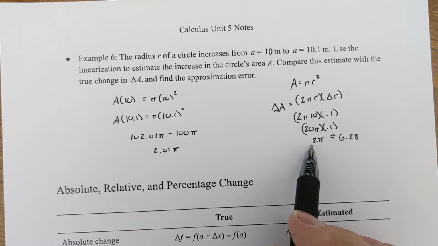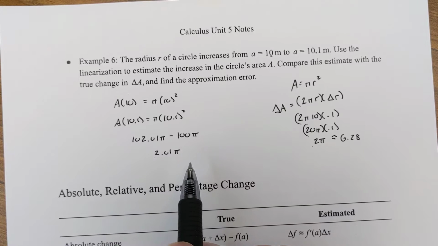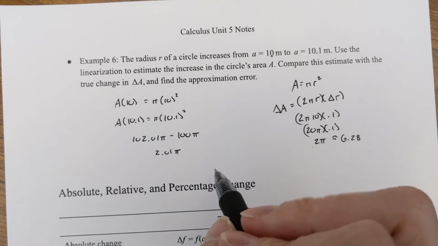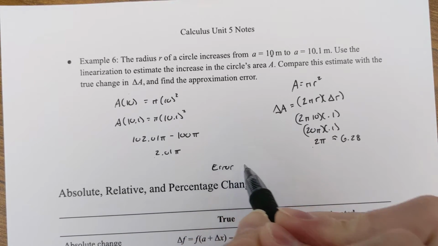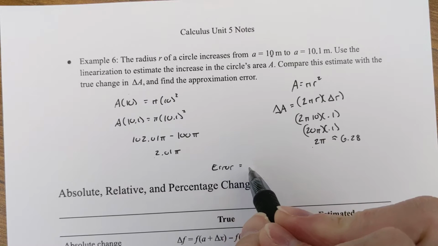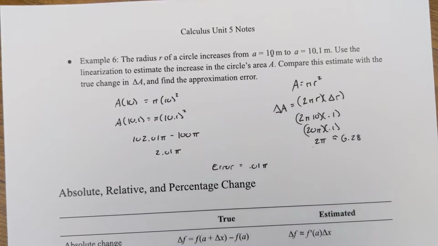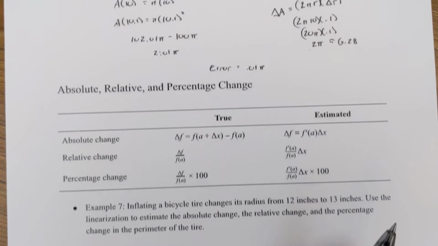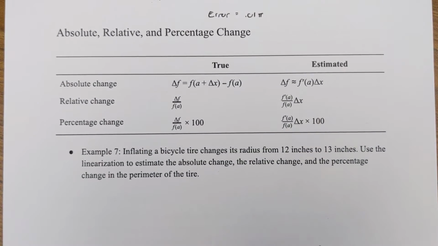The approximation error, we'd find the difference, no, it's just the difference, sorry. I was going to find percent error, but the error is 0.01 pi. That's the actual change compared to the approximated. Okay, absolute, relative, and percent change.